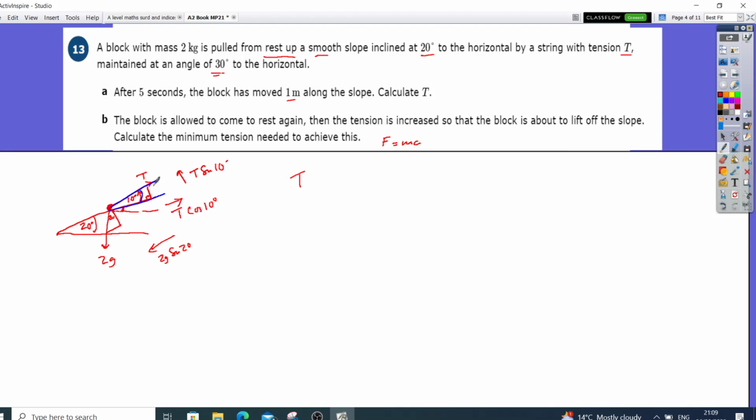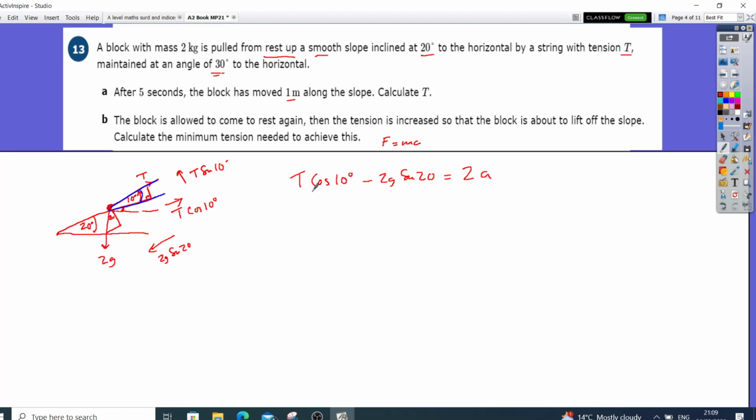The resultant force here is T cos 10 degrees up the slope, minus the weight down the slope, 2g sine 20, and that equals mass times acceleration. The mass of that particle is 2 kilograms, so it's 2a.